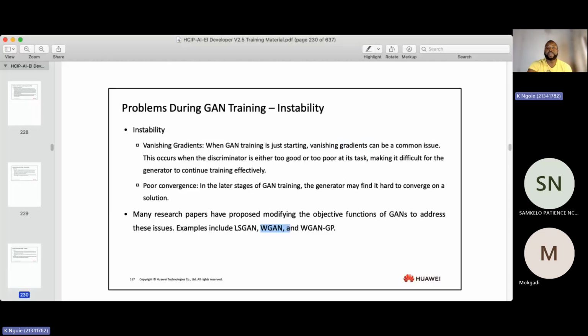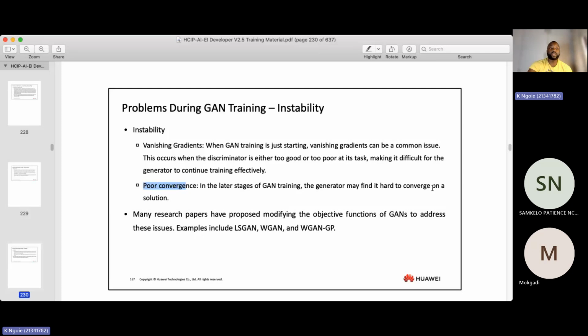These are types of GAN that have a different type of loss function, and that will solve the issue. So the instability is created by a vanishing gradient or a poor convergence.